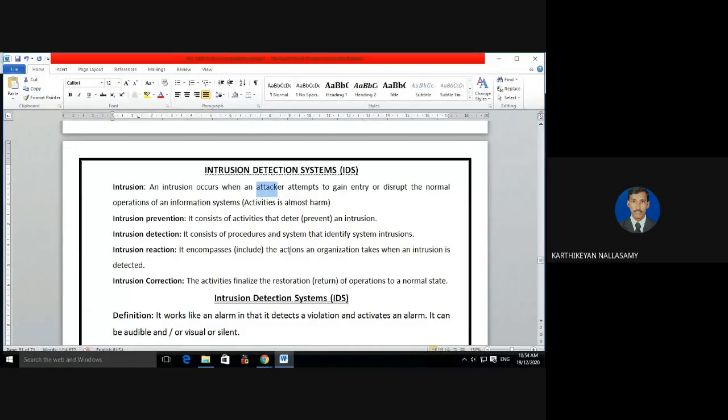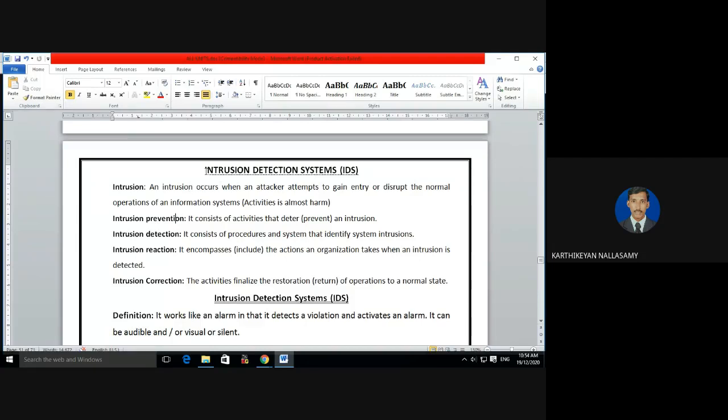So we need to define the set of activities for handling an intrusion. Whenever you implement security technology in terms of intrusion, you go with prevention methodologies first. Even if prevention is not possible, you apply detection methods. Once detected, we need to react, and once everything is over, we bring the organization back to the normal state through intrusion correction.